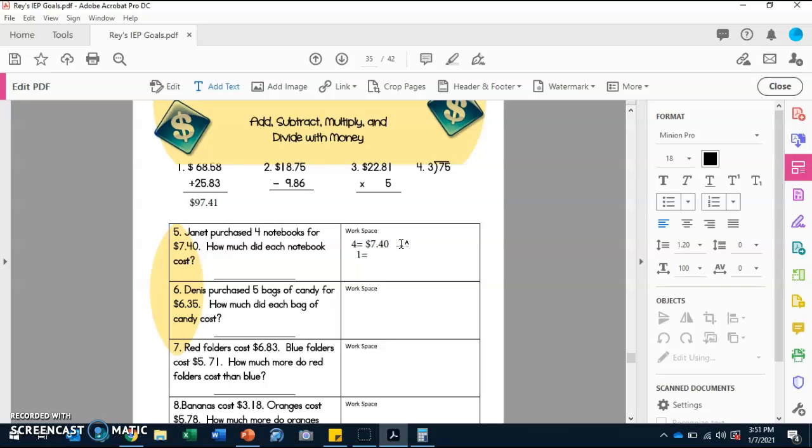And what we are going to divide is the cost by how many she bought, so we can find out how much one costs. So our equation is going to be 7.40 divided by 4 equals, and it should give us how much 1 equals.